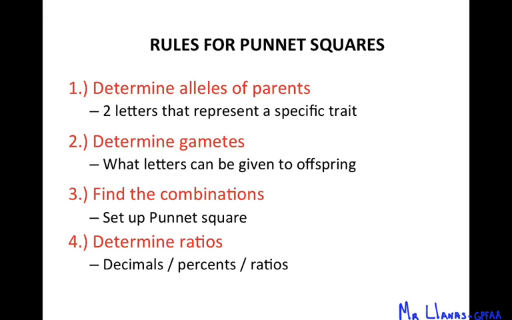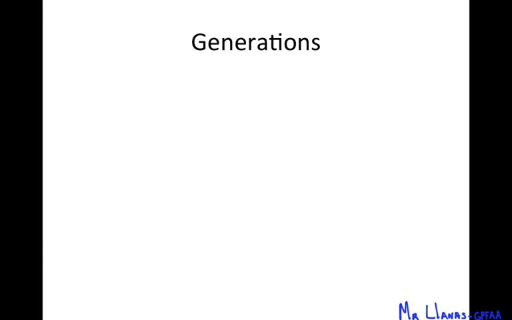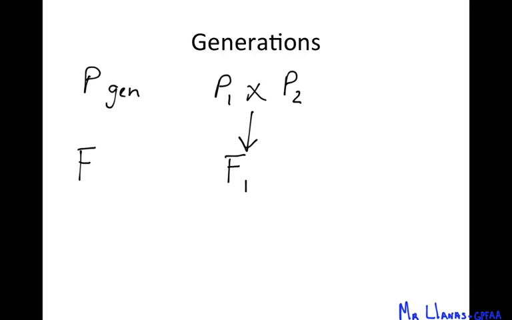Okay, we talked about generations, and we said that there are 3 generations that we're going to talk about. The first generation is the P generation, which is the parental generation. That's parent 1 that crosses with parent 2, and when they have offspring, they produce an F1 generation, or F1 offspring.